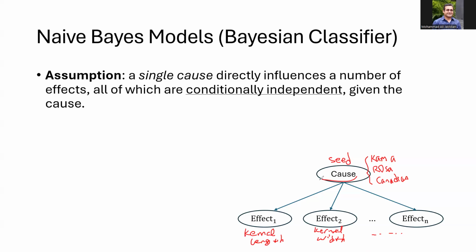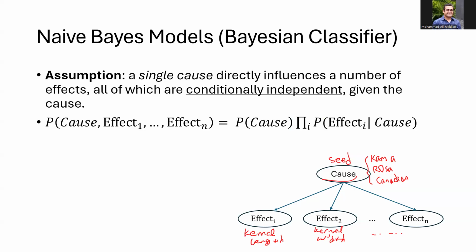So be patient with me. I will explain how to use the naive Bayes models when we have real data. As you can see, the total probability of the cause and effects is called the joint probability.